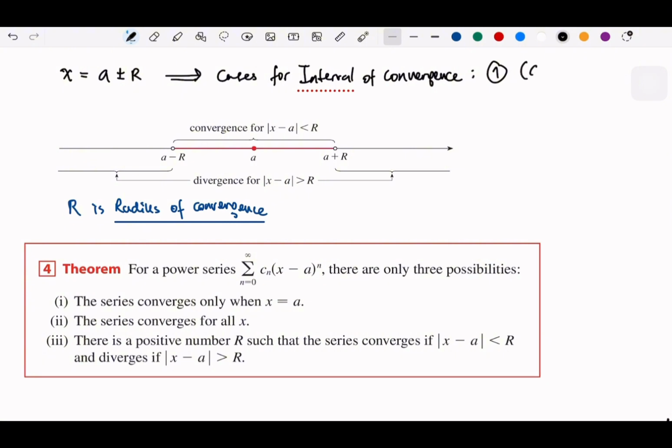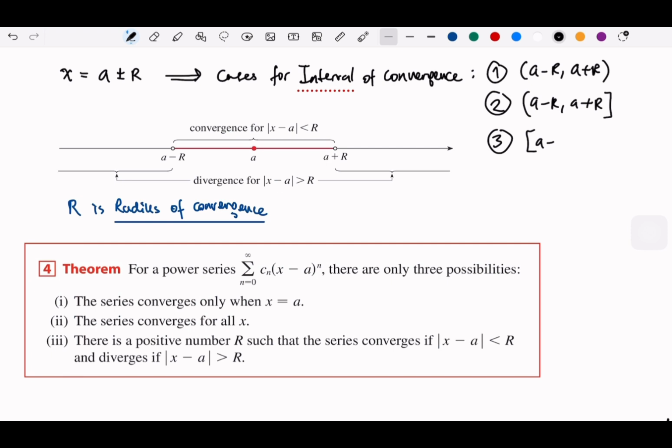One is a minus r, a plus r, with open brackets. And then we can make something like this, closed on the right, and this one closed on the left. Well, I think this logically makes sense, and I don't think you need to write all of this, as long as you know that there will be four possibilities.